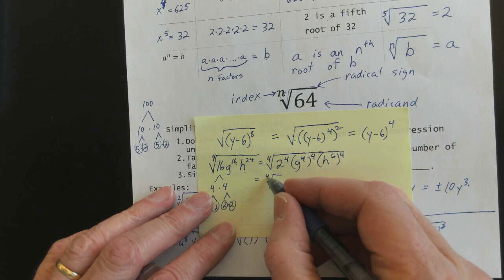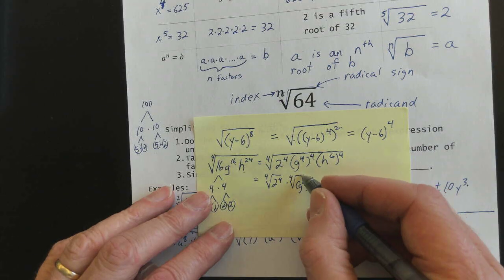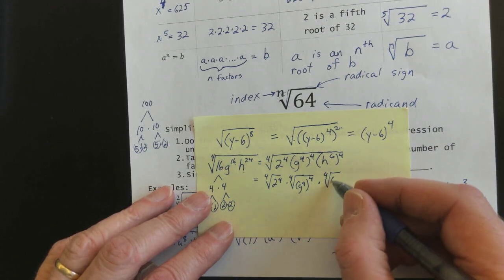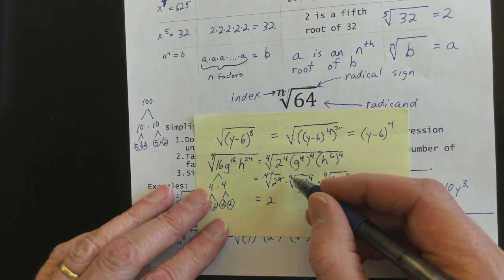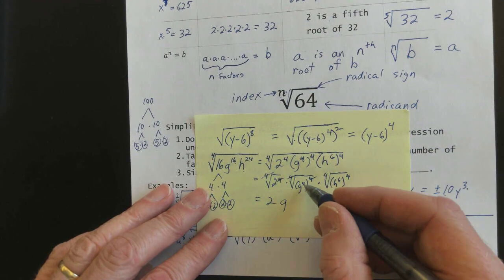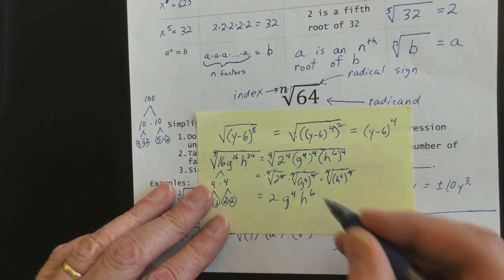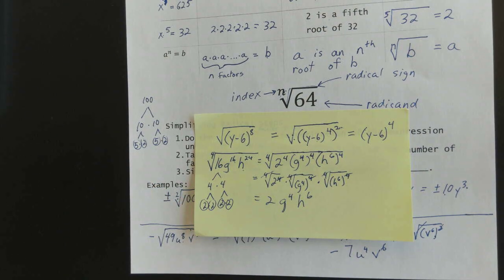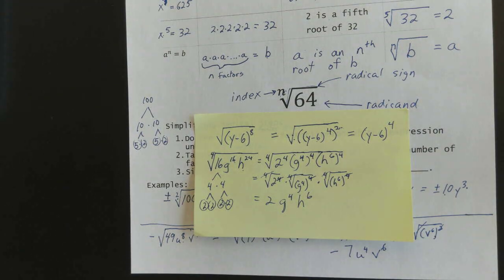I'm going to split it into 3 parts. 4th root of 2 to the 4th times the 4th root of G to the 4th to the 4th times the 4th root of H to the 6th to the 4th. 4th root, 4th power, 2, right? 4th root, 4th power, G to the 4th. 4th root, 4th power, H to the 6th. Is everyone good with that one?